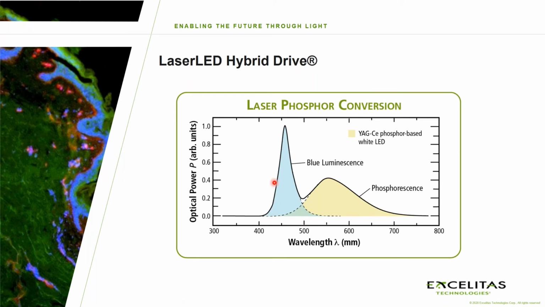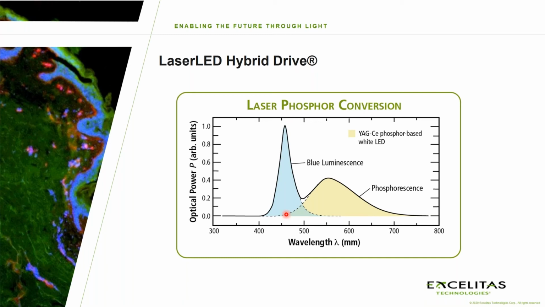And what that does is it excites a phosphor, and the emitted light from the blue excitation gives you a nice curve between the 500 and 600. So what we did is we actually used this technology, and instead of using a blue LED to excite the phosphor, we used a blue laser to excite the phosphor. And this was the result.